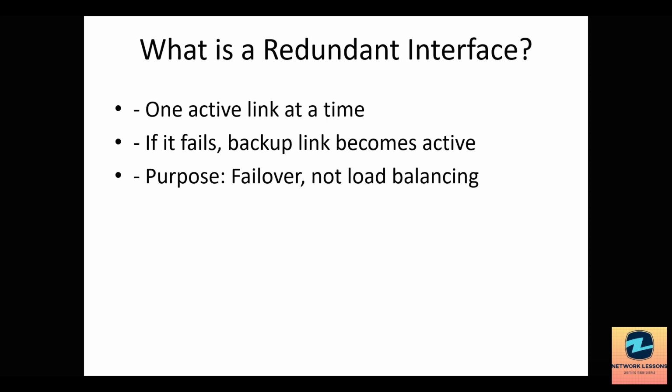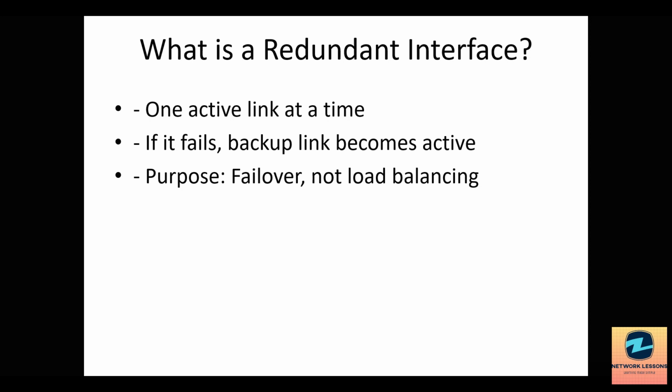Link aggregation, on the other hand, is also called LACP or aggregate interface, and is different from redundant interfaces. It combines two or more links into one bigger pipe, giving you both speed and redundancy. Now, redundant interfaces only have one active link at a time, and if it fails, the backup link becomes active.